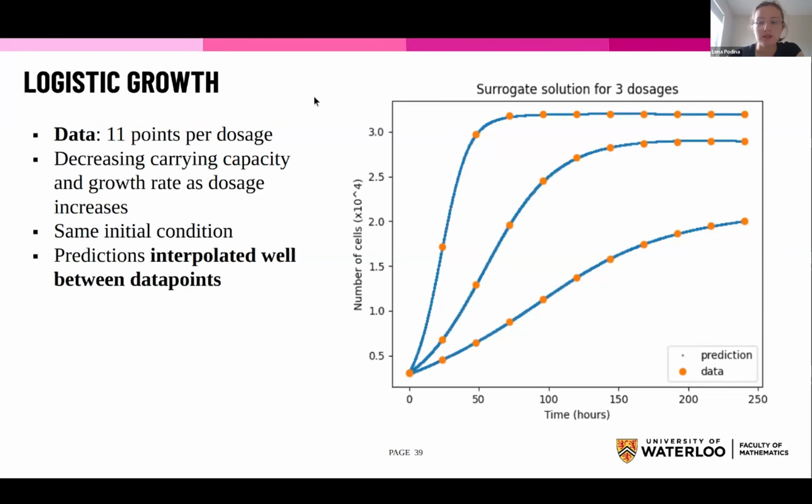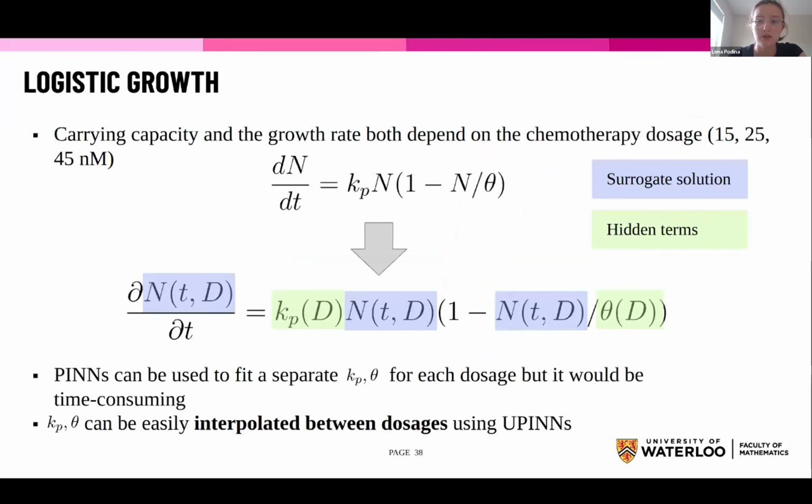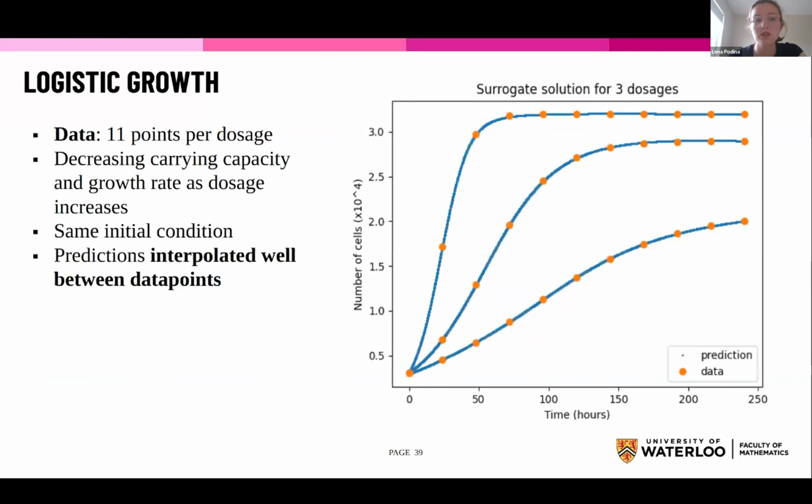So this is what the data looks like. We have 11 points per dosage. We have 15, 25, and 45 nanomolar, that's the concentration. Basically the carrying capacity and growth rate decrease as the dosage increases.